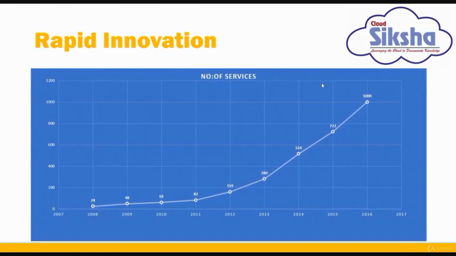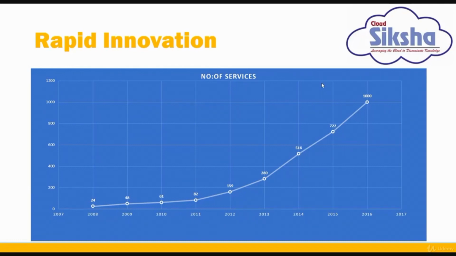Have a look at this graph. You can see that in the year 2008, Amazon had only around 24 services. By 2016, that is, in an 8-year time frame, it has already crossed 1,000 services. So this is the sort of pace at which Amazon has been running.